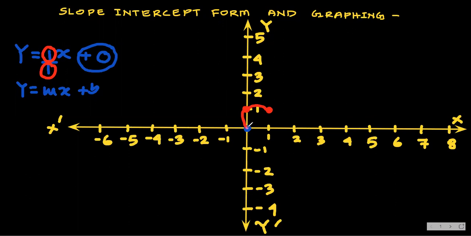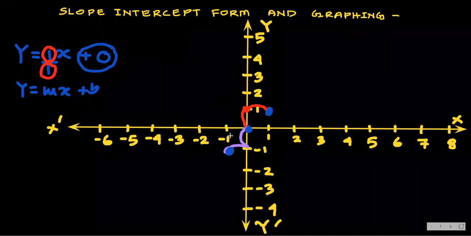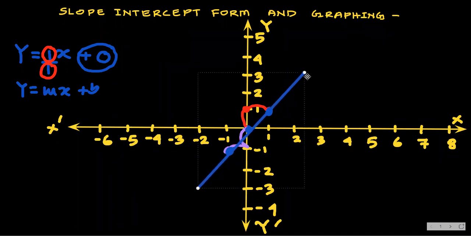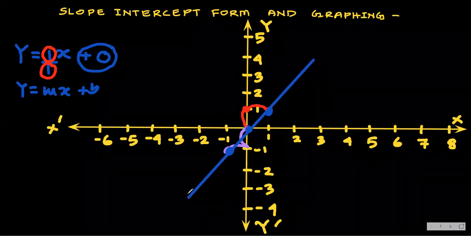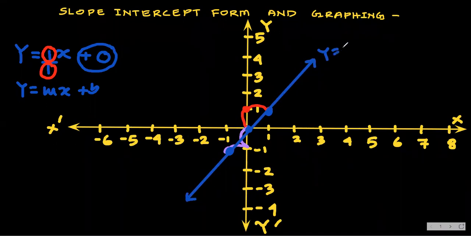So from the starting point, go 1 unit down, 1 unit to the left, another point. Now join these 3 points, first point, second point, and third point, by a line, and extend the line to get the linear line. That's your equation, y = x. And that's it.